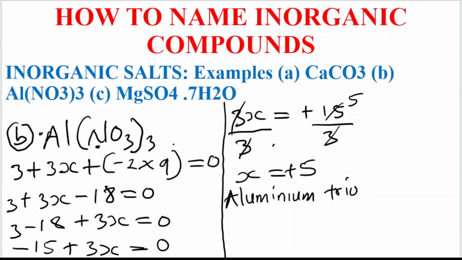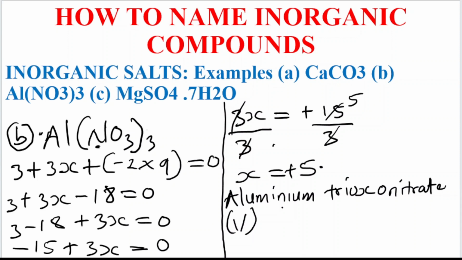Don't add the one that is outside; it is just in the bracket, it's not part of the chemical bonding. Trioxo nitrate, we got 5 here, nitrate 5, which is V.